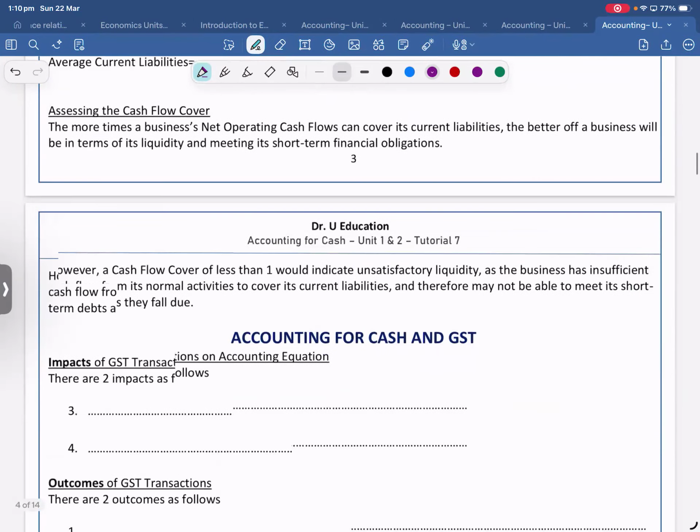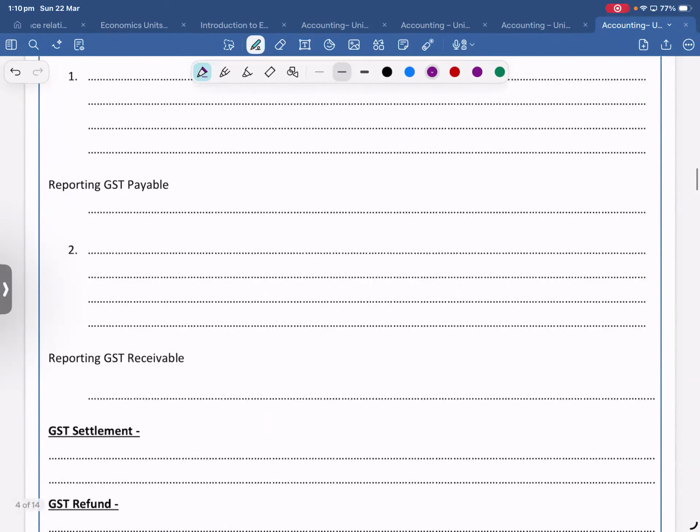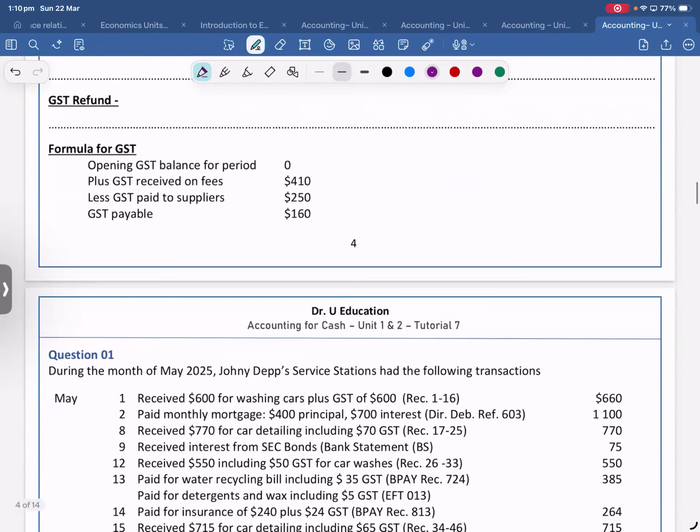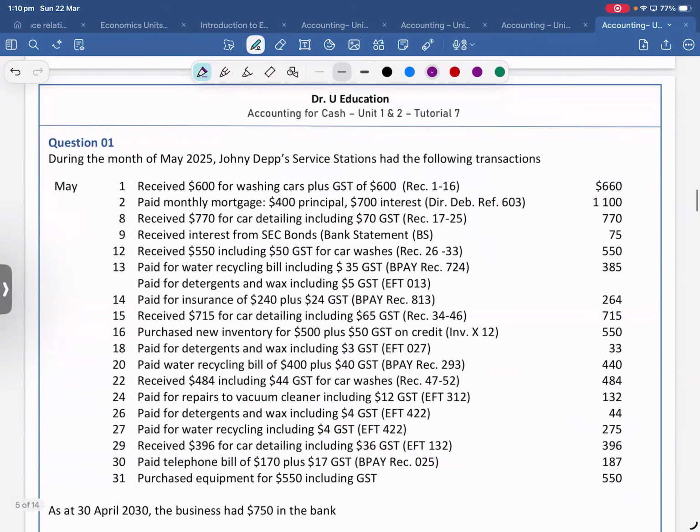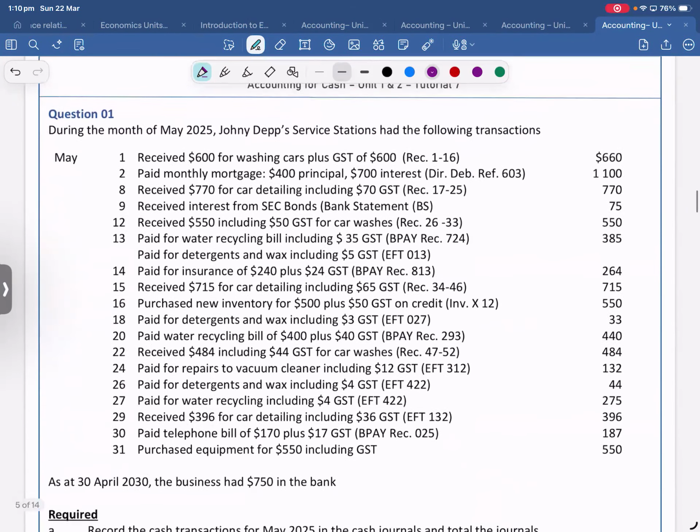Then firstly, let's do question number one. Please go to page 5.